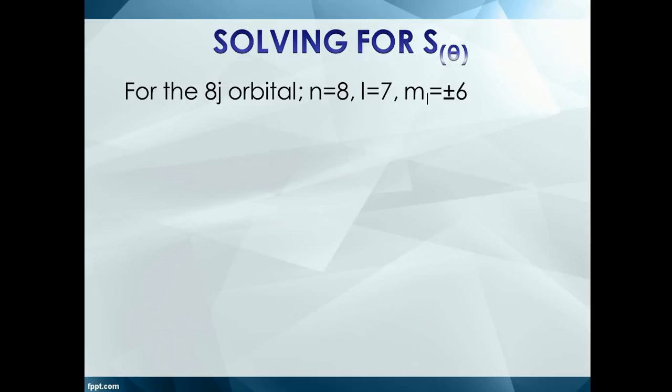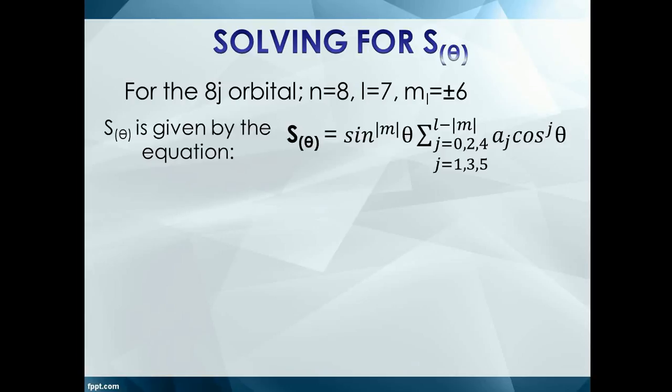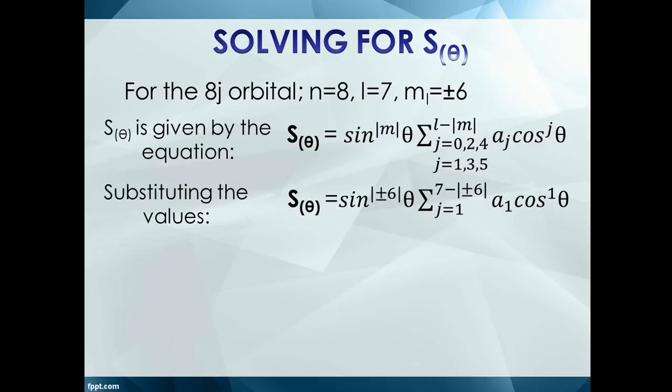After the R function, we must calculate the components of the harmonic functions S and T. Solving for the first part, the S theta function, we use the equation S theta is equal to sine raised to the absolute value of m theta, summation of j equals 0 to 4, or j equals 1, 3, 5 to l minus the absolute value of m, a sub j cosine raised to j theta.